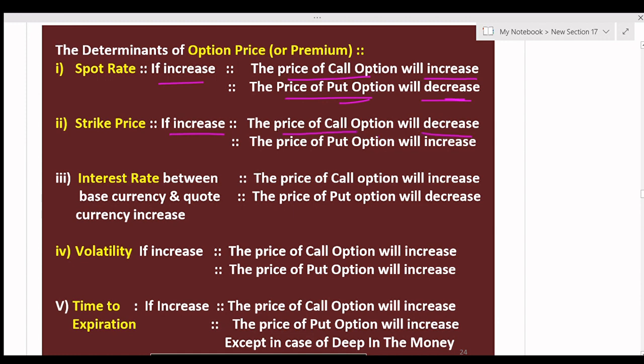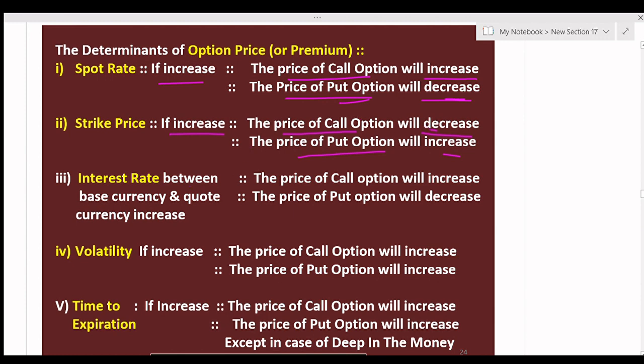If the strike price increases, the call buyer will be in the OTM situation, and in the case of the put option, you will be in the ITM position. So the price of the put option will increase and the price of the call option will decrease.